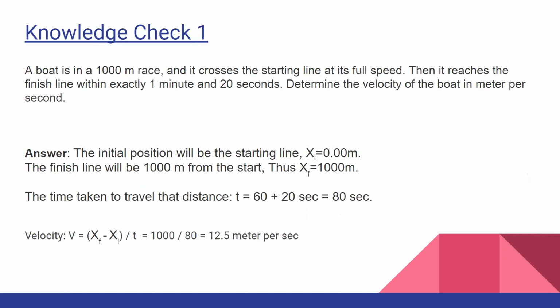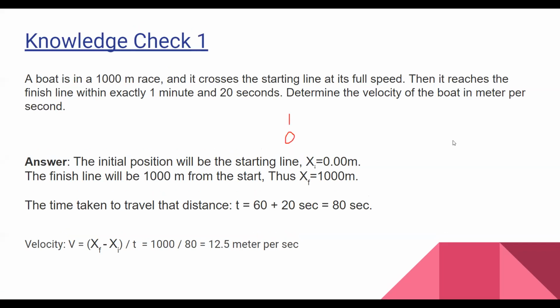So here you're using displacement. The initial position would be at the starting line. You can just say this point is the 0 point. And then we know the course is 1,000, so the final position at the finish line would be at 1,000 meters.